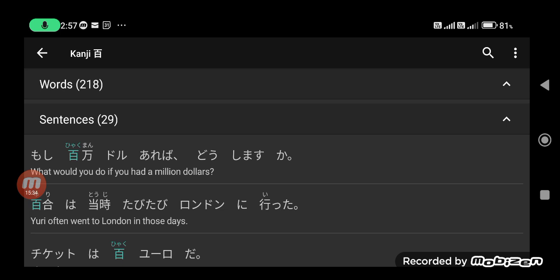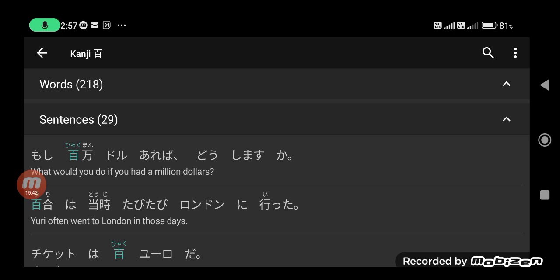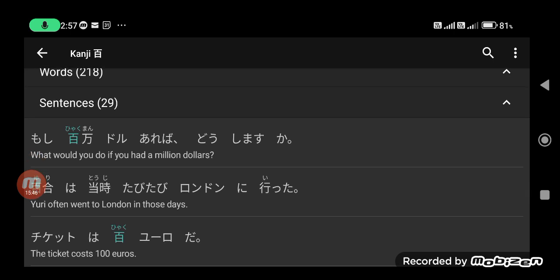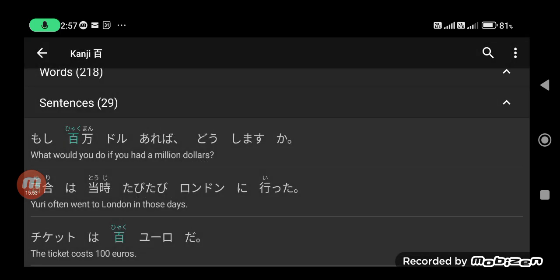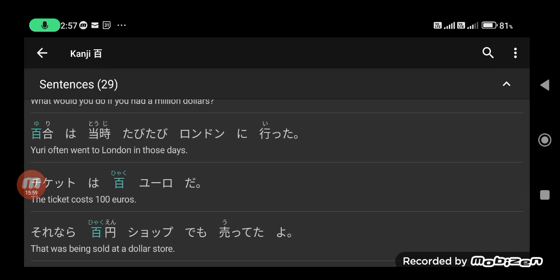Anyway, you have the furigana for the kanji readings, and you have the English meaning at the bottom. もし100万ドルあれば、どうしますか？ What would you do if you had $1 million?